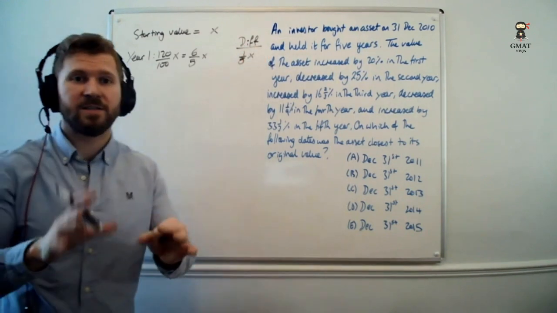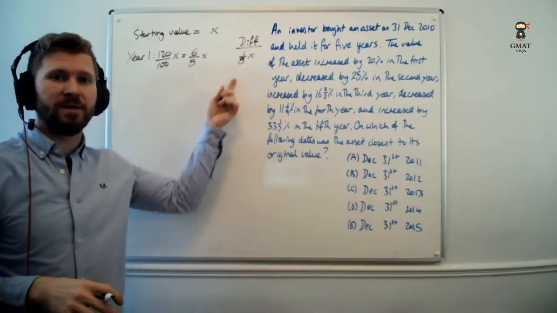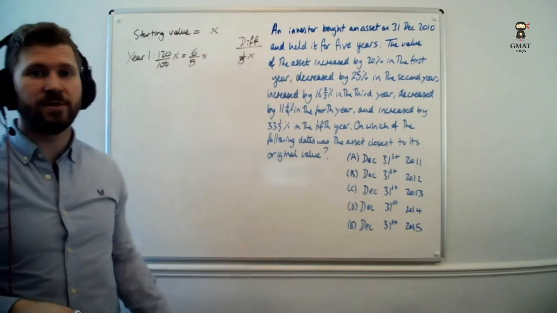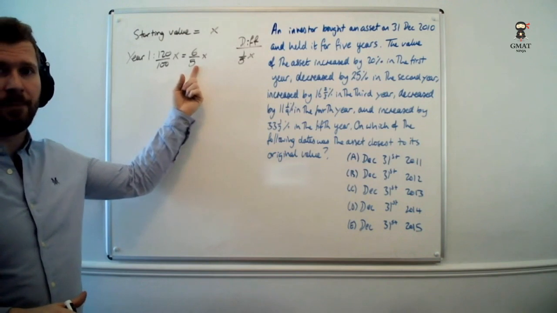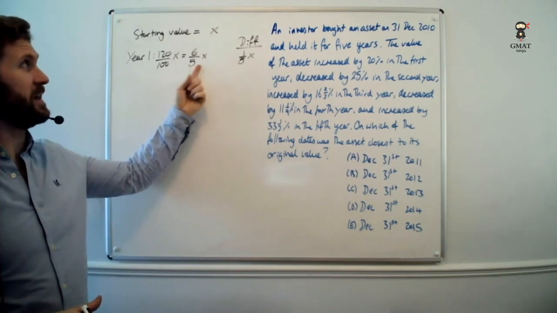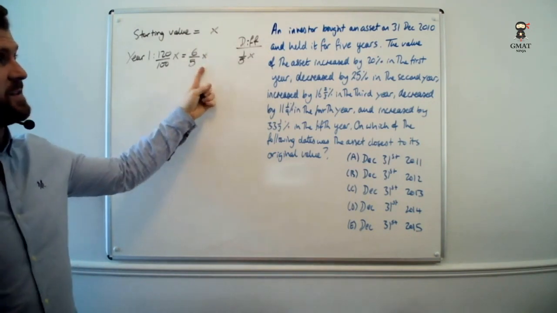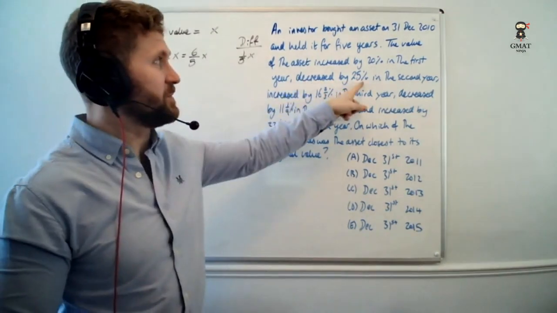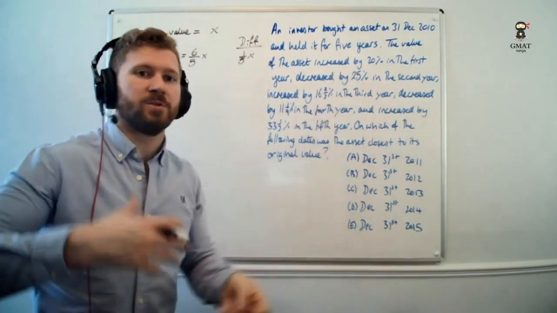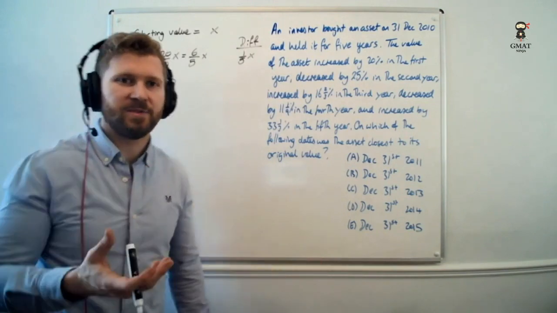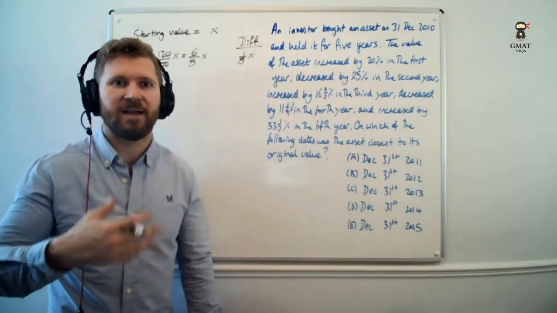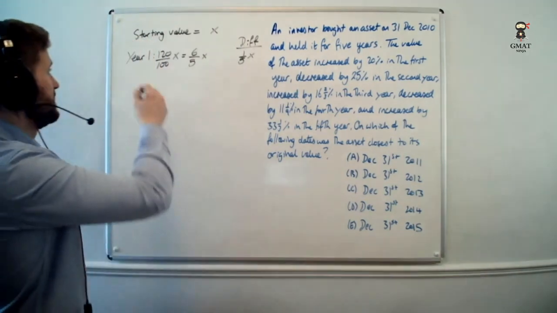Again, I don't know what x is, but I can use this column to compare the different years and see how close they were to that original value. So I know at the end of year one, the value of the asset was 6/5 times its original one. And then in the second year, it's going to decrease by 25%. So again, turning this from a decrease into a percentage of something, if I decrease the value of something by 25%, I have 75% of its original.